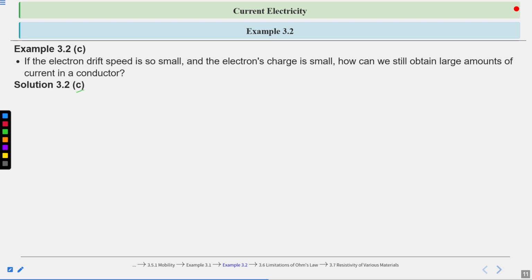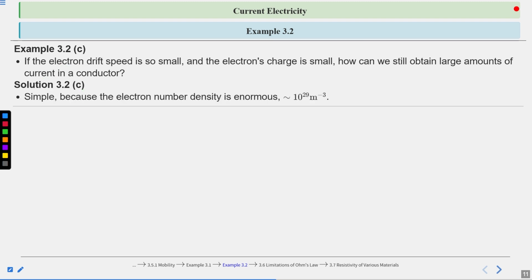So the solution for part C is simple: the electron number density is enormous. There is a large amount of electrons present in the conductor, of the order of 10^29 per meter cube. Okay, we know that current is due to charge. So what is the charge present in the conductor?